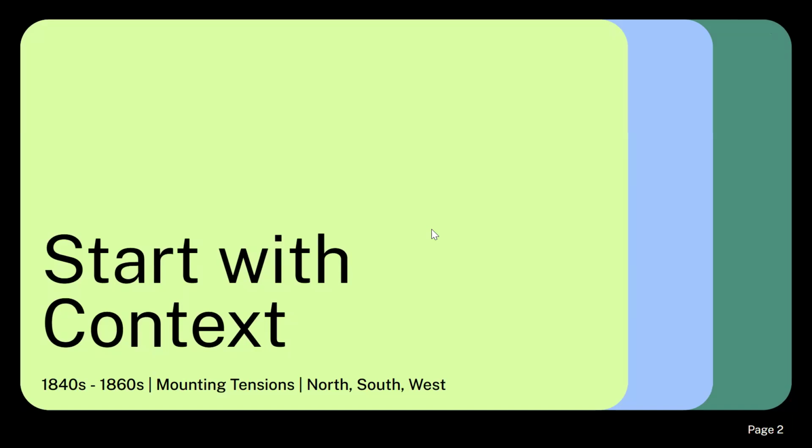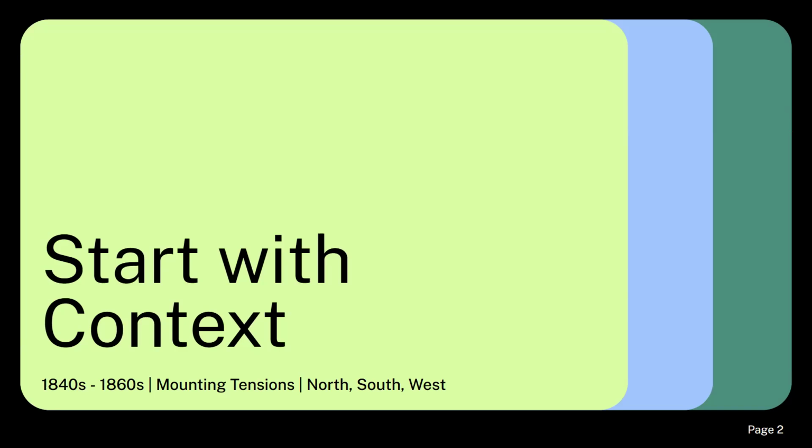Let's start with context. As always, when we talk about the sectional crisis, we are talking about roughly 20 years or so, from the 1840s to the 1860s. Now, not everyone says that this period in American history is called the sectional crisis. Some historians call it the antebellum period.